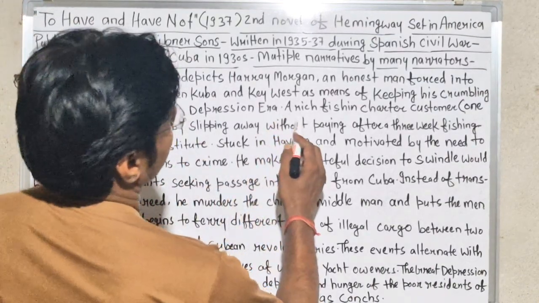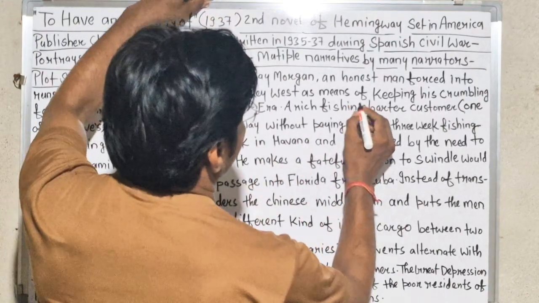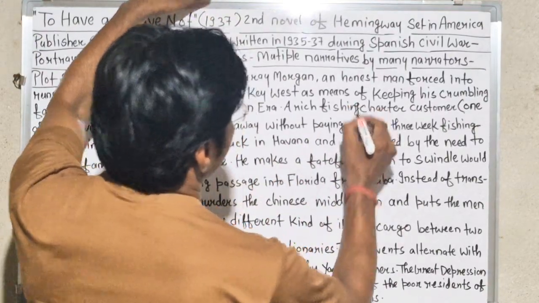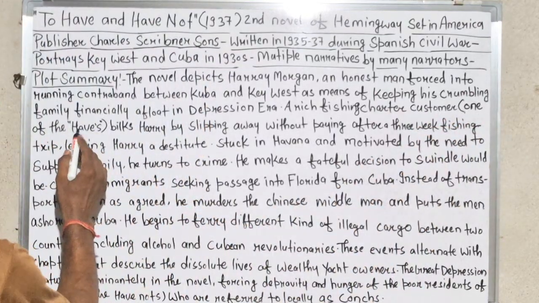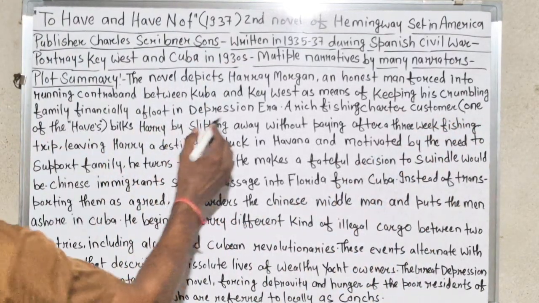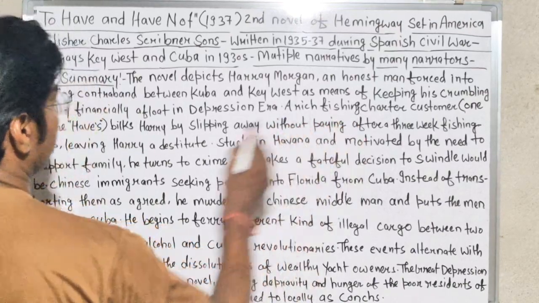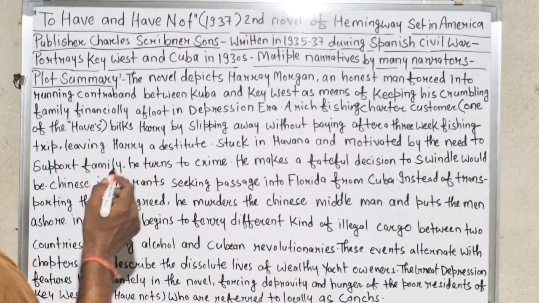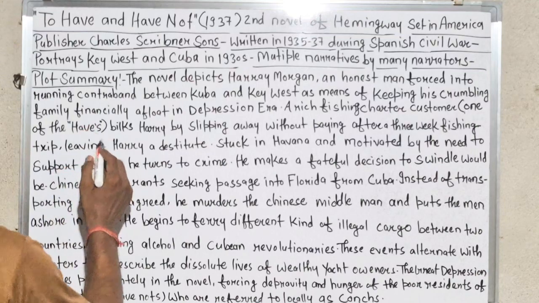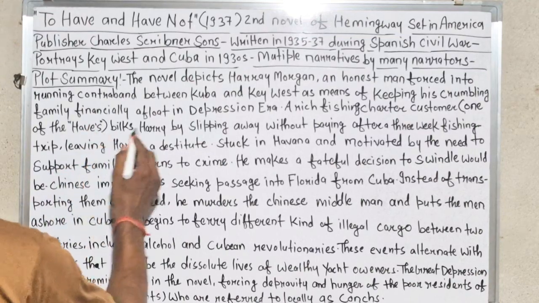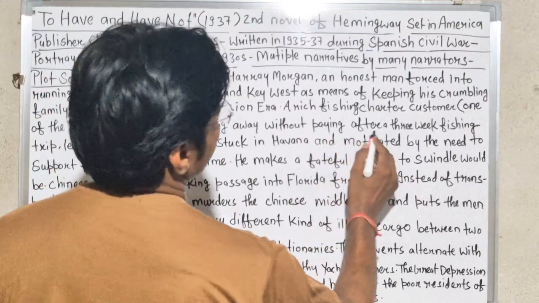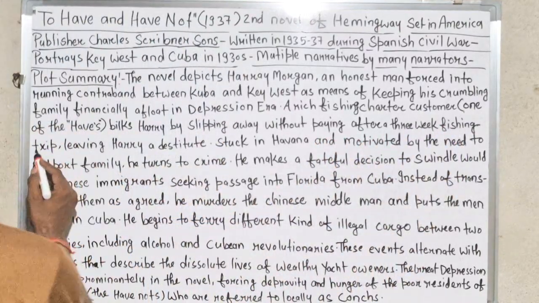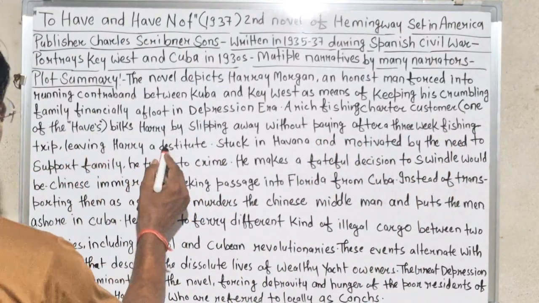A rich fishing charter customer, one of the haves, the owner of this fishing charter, a rich man, bilks Harry by slipping away without paying after a three-week fishing trip, leaving Harry destitute.